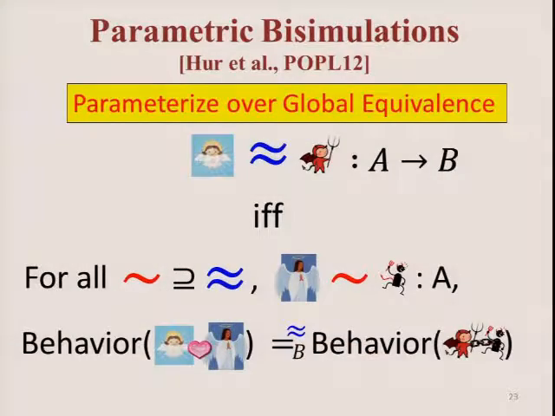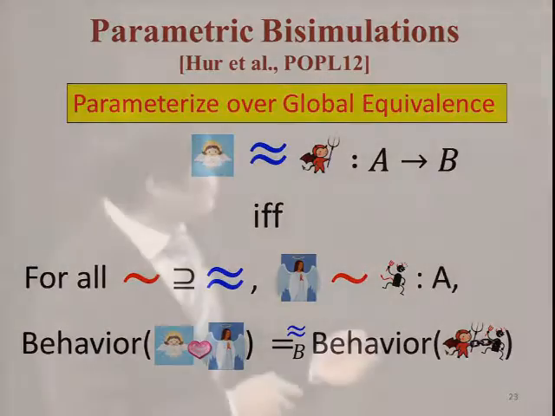I personally think that this parametric bisimulation is at least simpler than the logical relation, because one thing I glossed over is that logical relation uses step indexing, which is a very dirty part. Another very interesting thing, which I didn't mention here, is that if you look at this definition, it's a cyclic recursive definition, so it's not clear whether it's well defined.